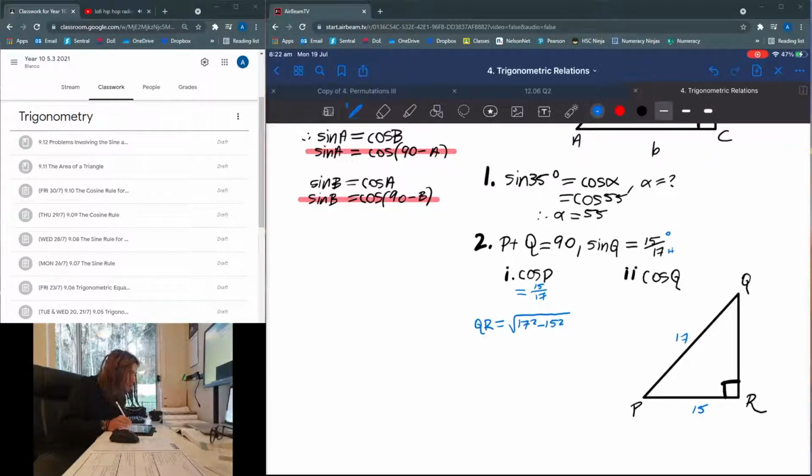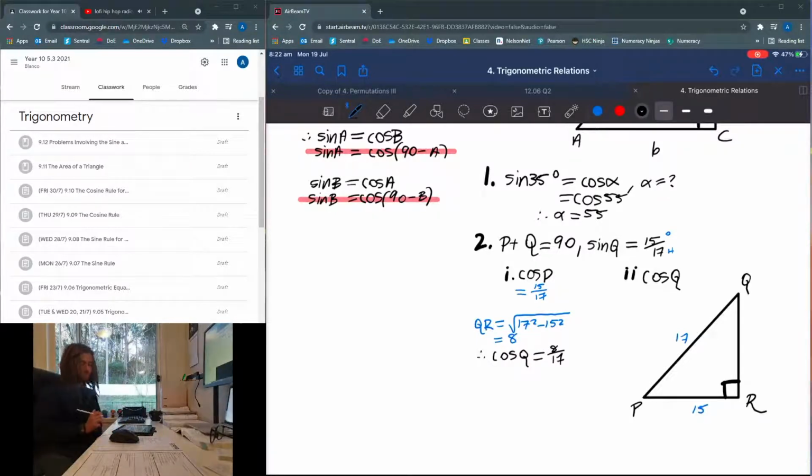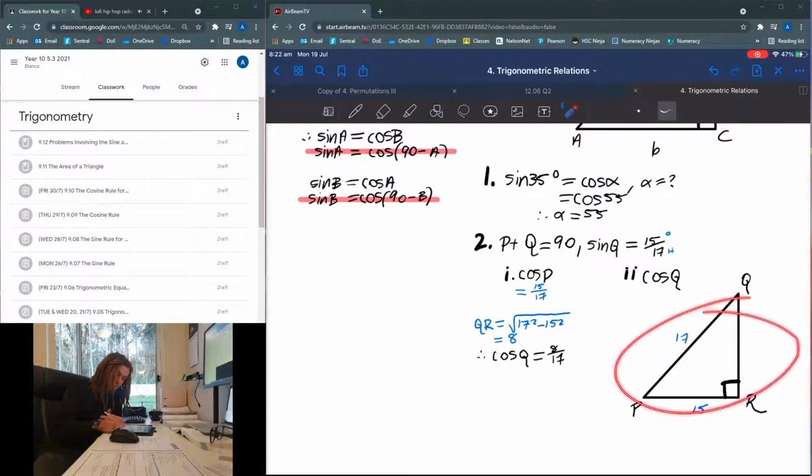And off the top of my head, that's equal to 8. So therefore, cos Q is equal to 8 over 17. That's just showing you that I didn't really need to draw a triangle for the other one. I did for this one, which is a little bit annoying, but for this I didn't at all.